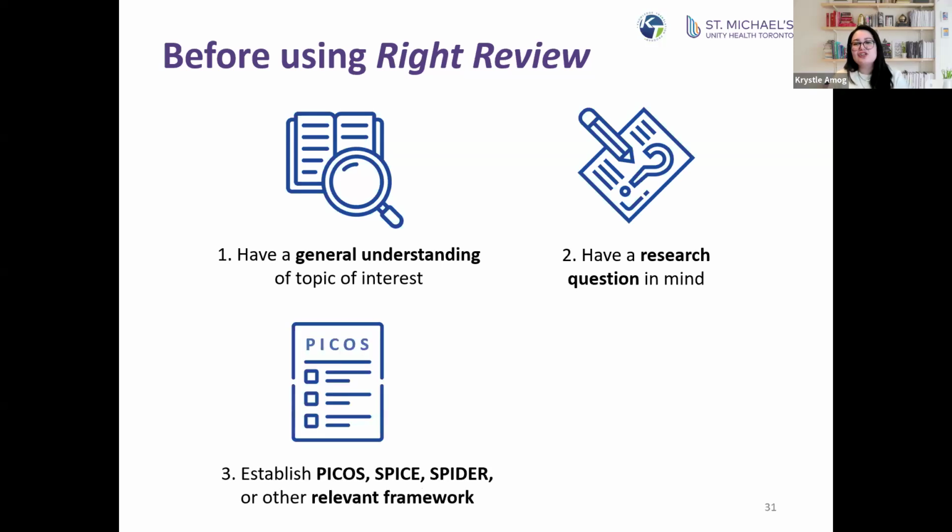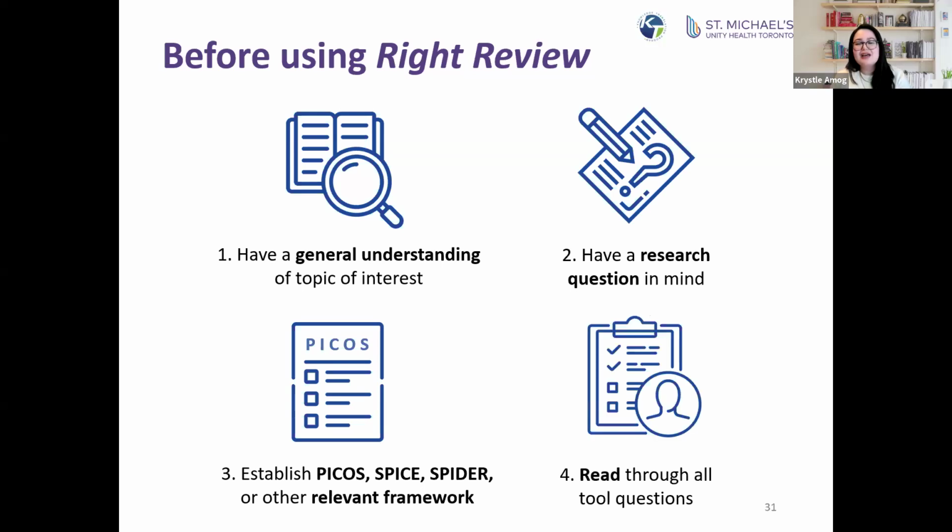The third is to consider establishing your PICOs or related framework, even if this is a preliminary version. And the last tip is to really make sure you read through all the tool questions to ensure you have enough information about your planned evidence synthesis to adequately answer the questions. And if you follow all of these tips, you will be able to obtain a more accurate recommendation from the tool.